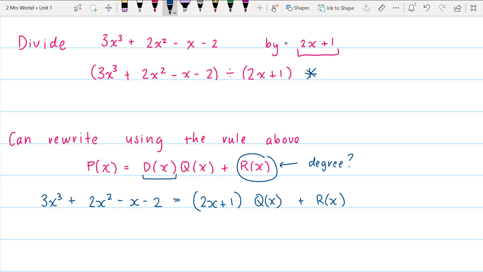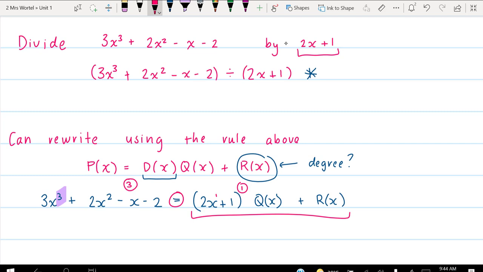Okay, my original polynomial has a degree of 3. It's a cubic. I'm dividing by something that's linear. This has a power of 1. So my highest power over here is 1, and my highest power over here is a 3. These left-hand side and right-hand side have to be equal to each other because there's an equal sign in there. So in order to get my right-hand side equal to a cubic, I'm going to have to multiply a linear by something.